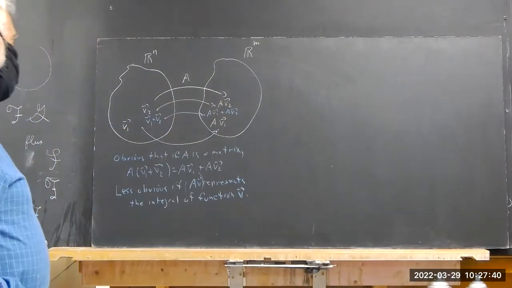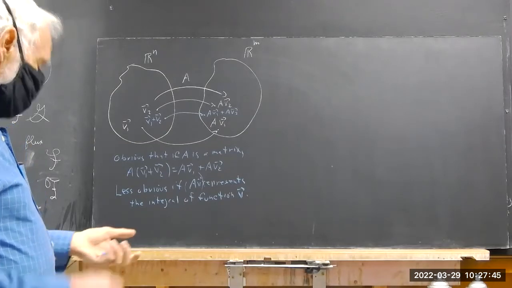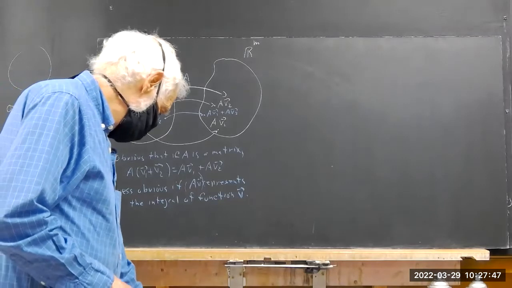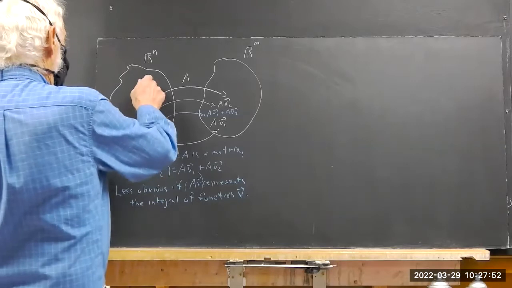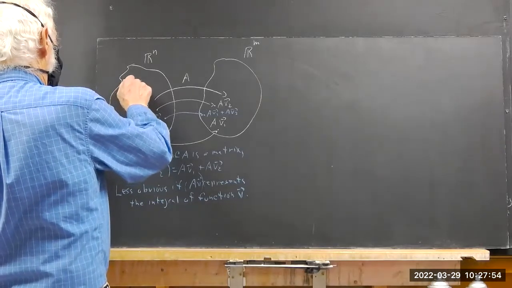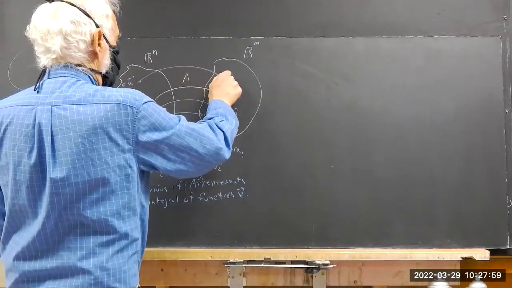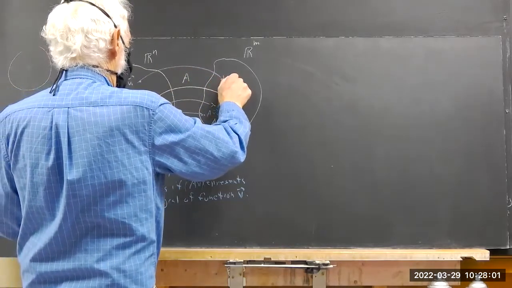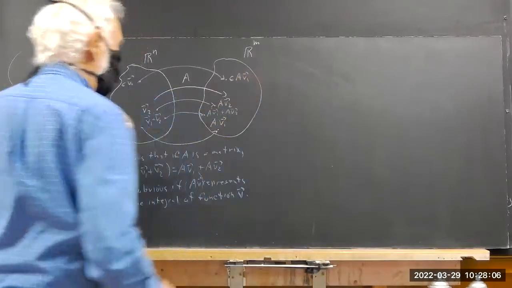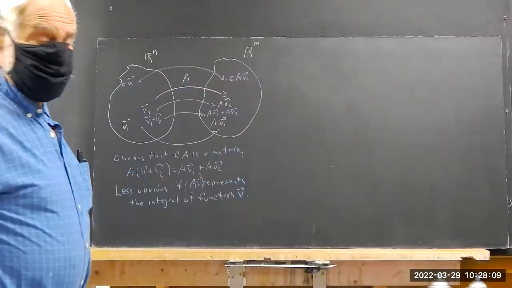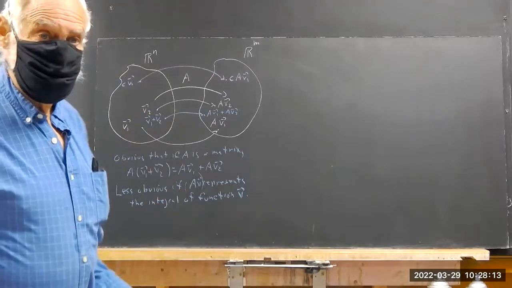This picture tells you a lot. And if up here we've got CV1, what's it map to? C times AV1. Okay? And that's very simple to understand.